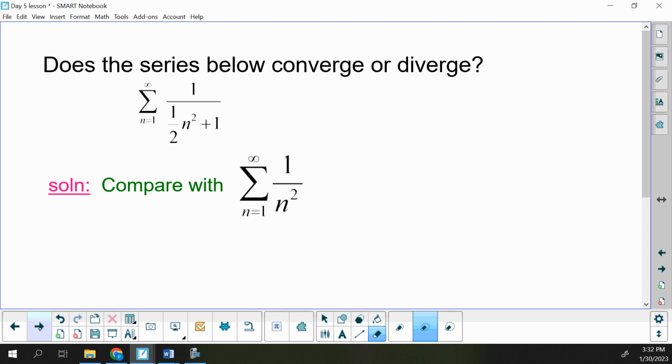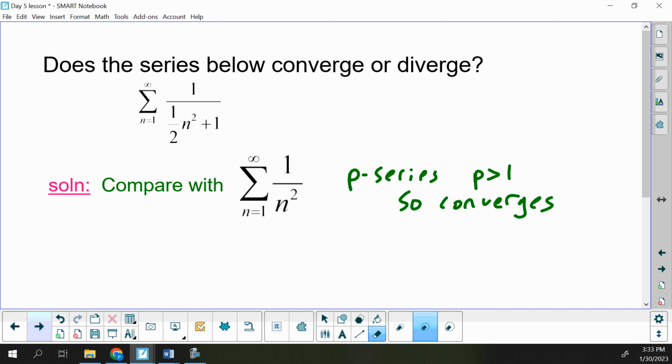Next one, we're going to compare this with a nice series of 1 over n squared. That's a p series where p is greater than 1, so converges. If we think direct comparison test, we would need stuff to always be smaller than this nice series.